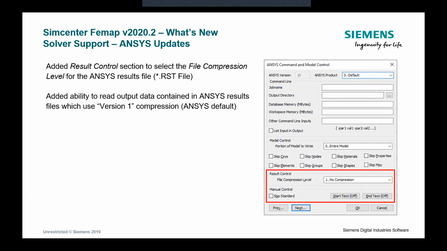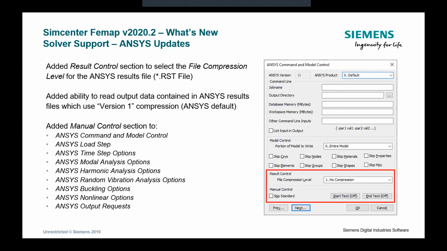But we realized that people probably would like the results file to be compressed whenever possible, so we added support for reading the compressed results file, and currently we support what they call version 1 compression. Also added manual control sections to basically all the dialog boxes for ANSYS that are in the analysis set manager.